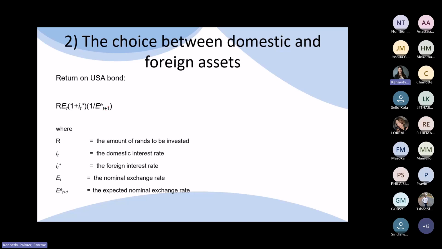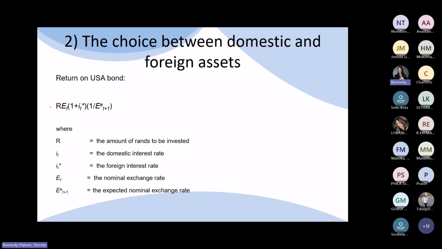And at time t, this plus 1 is whatever your term is. So in our example, it's simply 1 year. The existing time, which is today, plus 1 year. It could be any maturity, as I said earlier.